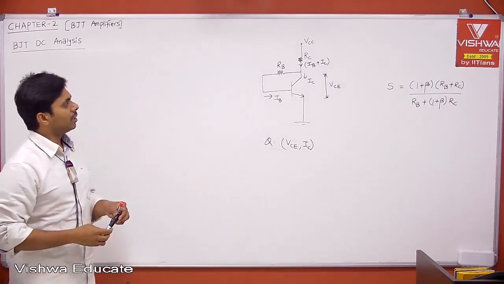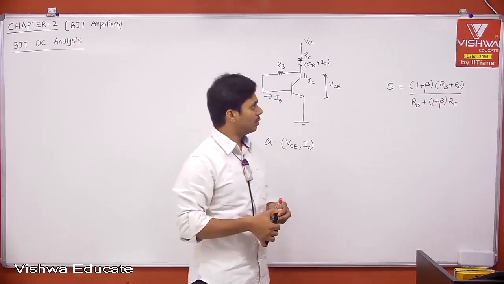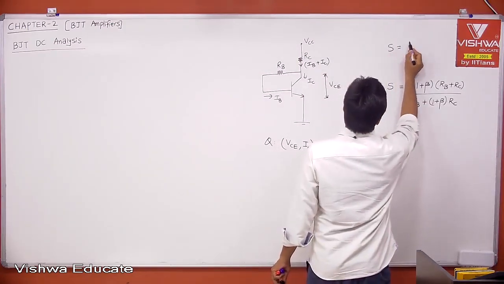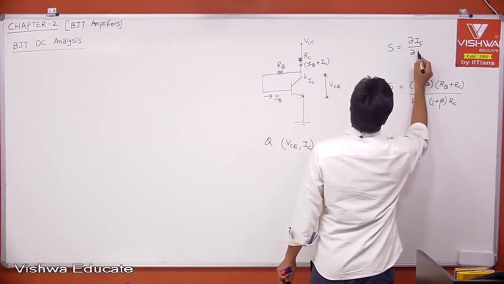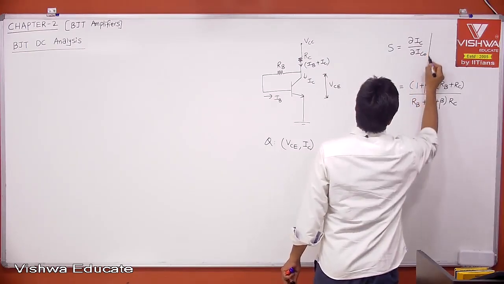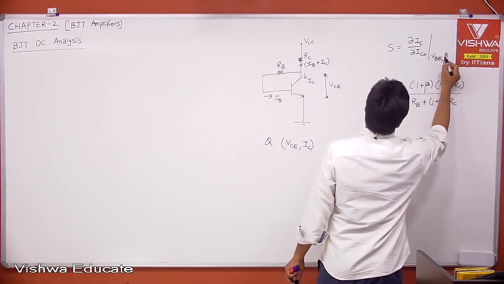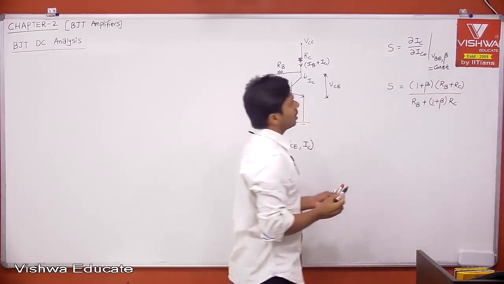Right? Ideally, we are expecting the stability factor value to be 0, because the definition of stability factor is the change in IC due to IC naught when VBE and beta are constant.